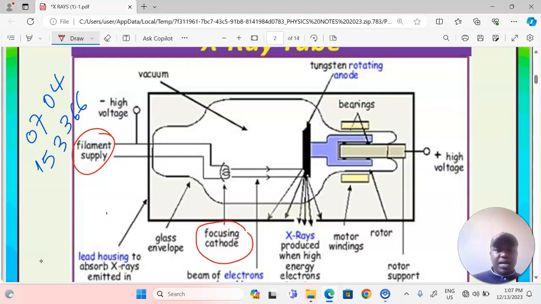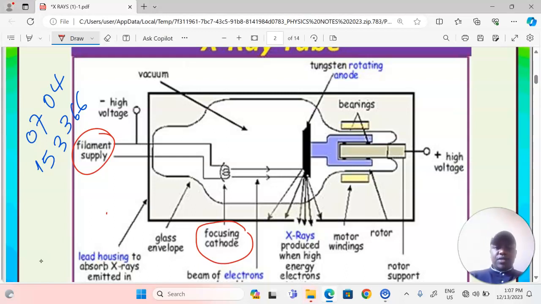And the cathode being metallic, we usually say that this current creates what we call a heating effect at the cathode. It is this heating effect which ensures that the electrons at the cathode gain enough kinetic energy, and once they gain kinetic energy, they are able to get dislodged from the metal surface.